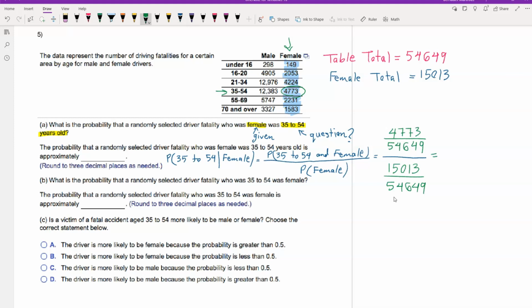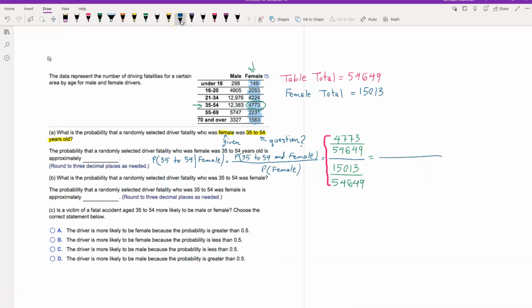Now finding the answer, use this number on top, multiply by what we have here in the denominator. So multiplying these two numbers, what we have here on top, multiplied by 54,649.